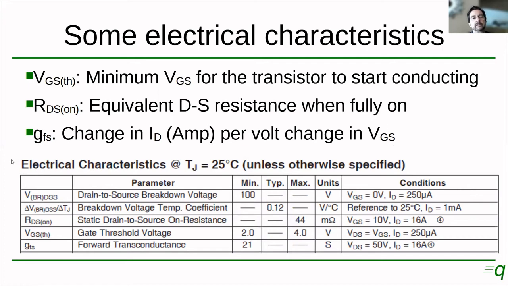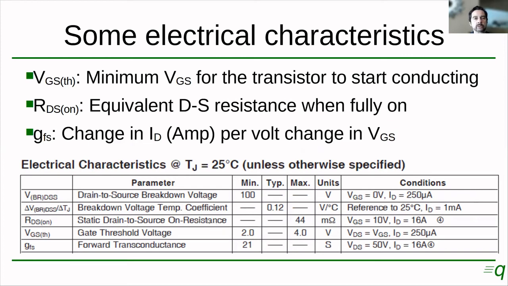The table below is taken from a data sheet, and we can see some of the characteristics. The first one we see here is a drain to source breakdown voltage, minimum 100 volts. So that means this transistor can withstand 100 volts between drain and source. The other one we see here is RDS on. It's the static drain to source on resistance.